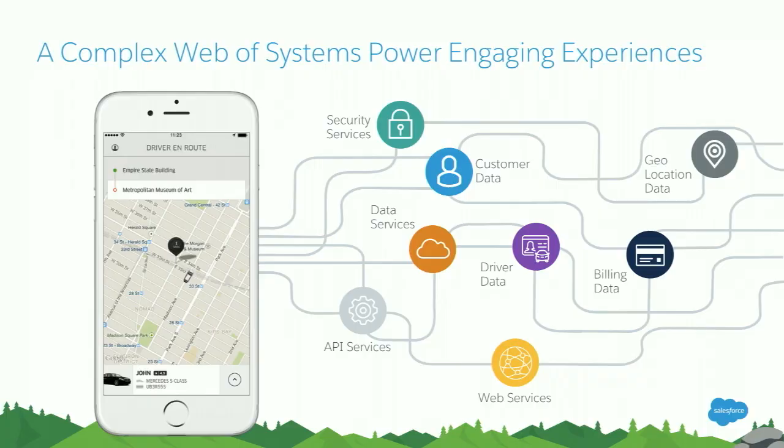But as we start to build these engaging experiences, as we chase that customer 360 pie in the sky, we have to take into account that there's a web of complex things going on in the background. What we see traditionally in the Salesforce development realm and in other realms is having to build these point-to-point integrations. And this becomes very difficult, very hard to maintain over time.